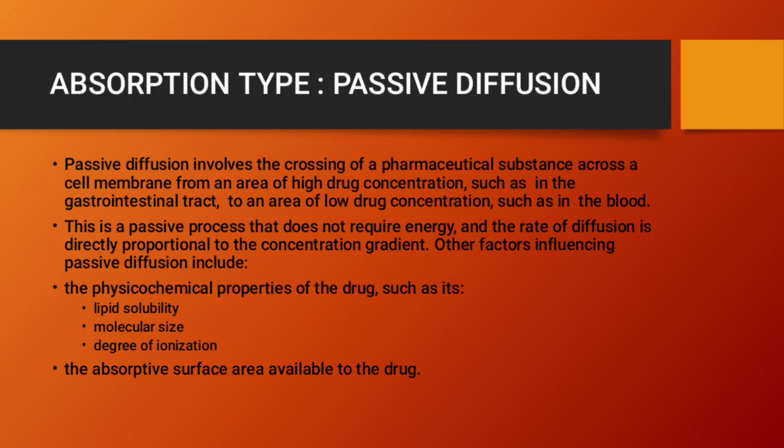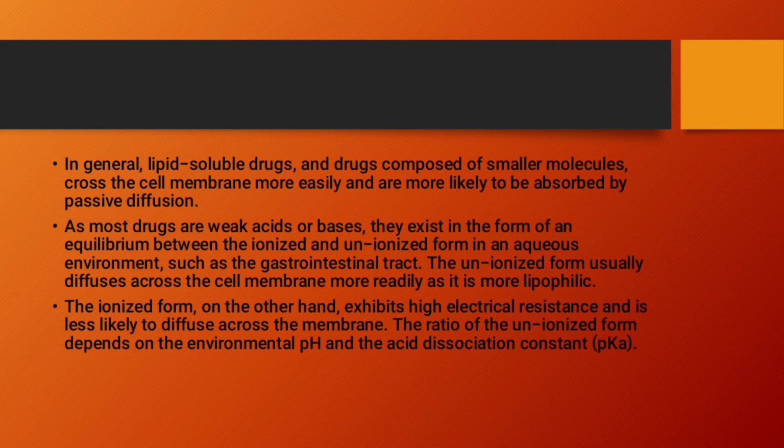The other factors that influence passive diffusion include physiochemical properties of drugs such as lipid solubility, molecular size, degree of ionization, and the absorptive surface area available to the drug.